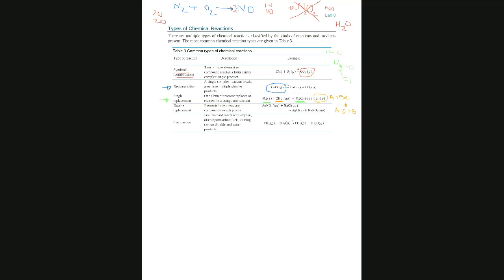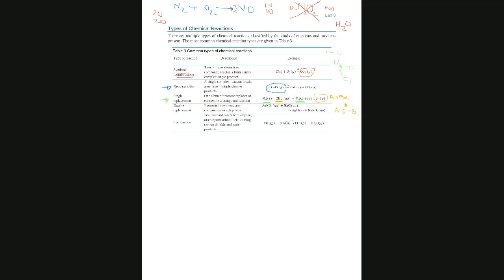These reactions are called redox reactions. I don't think at this point you've learned redox reactions, but a redox reaction is when one or more elements change the oxidation number. One is oxidized and the other is reduced. But for now, you just need to recognize, they will ask you, is this a single replacement?